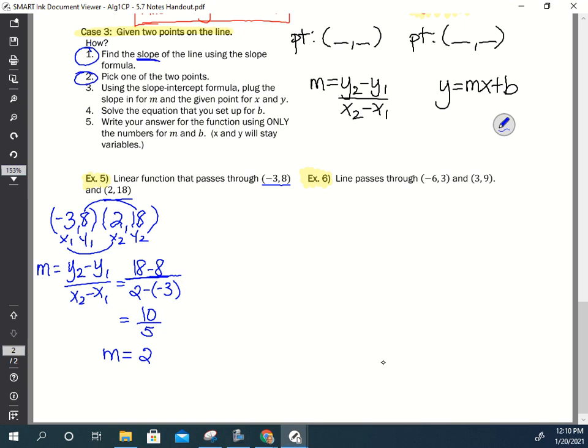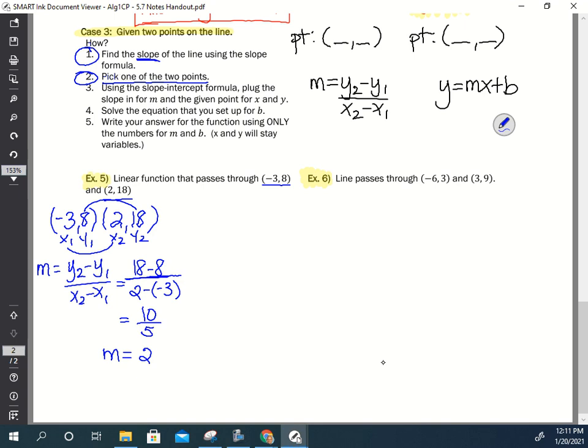Step 2, pick one of the 2 points. Now, let me stress this. You get to pick which one you use, and it does not matter which one you use. To prove to you that it doesn't matter, I'm going to solve it using both. You only use one.